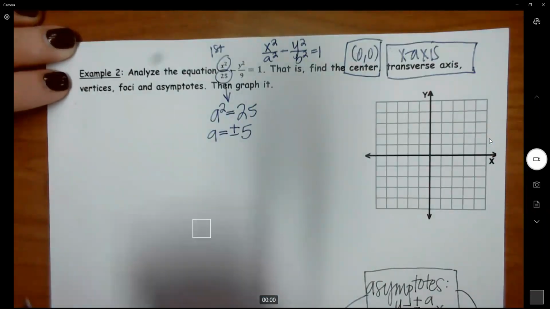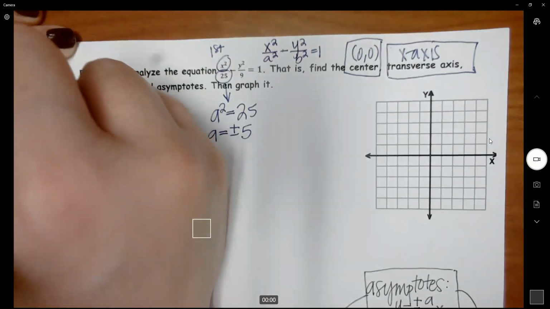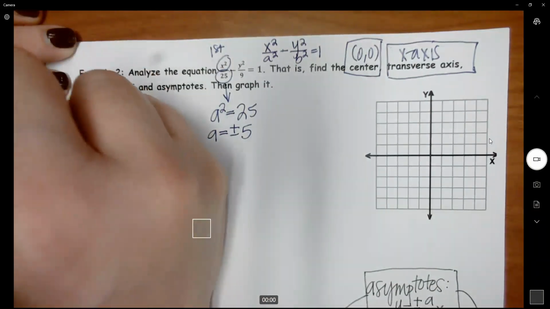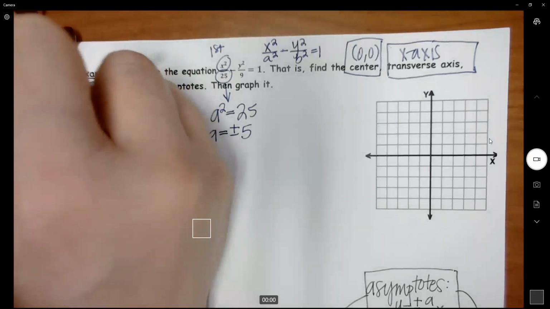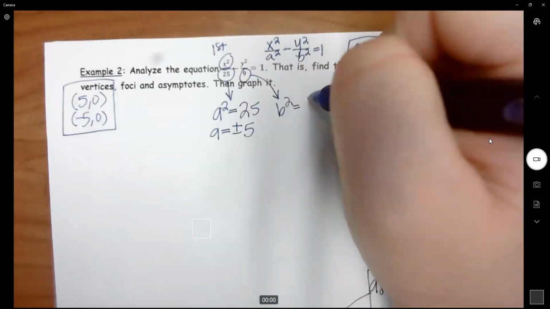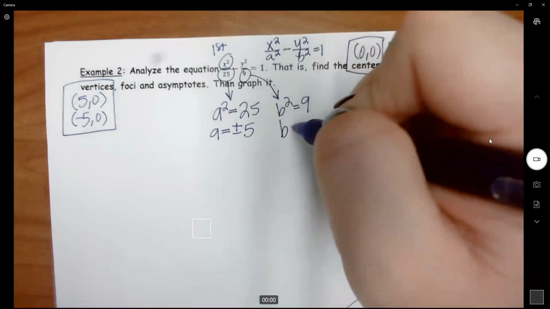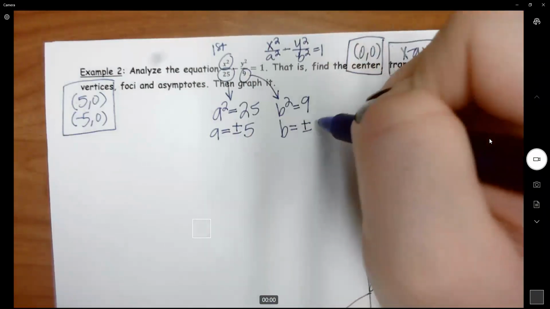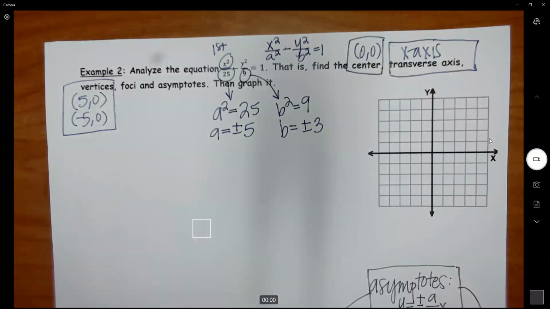That's my vertices. So that means my vertices are 5, 0, and negative 5, 0. And then this is my b squared. And that means b equals plus or minus 3.